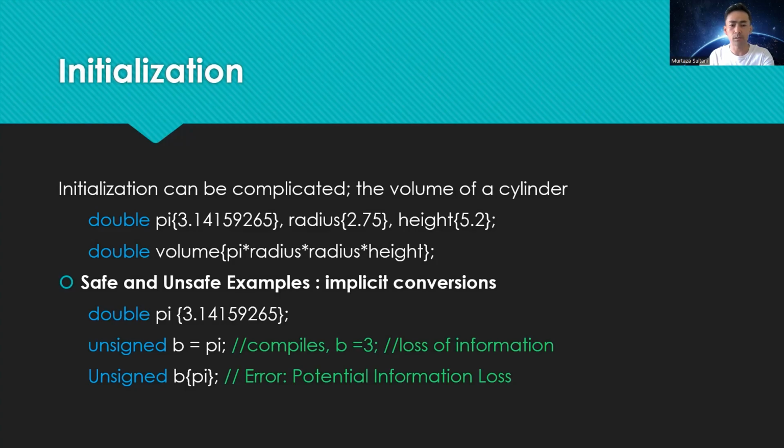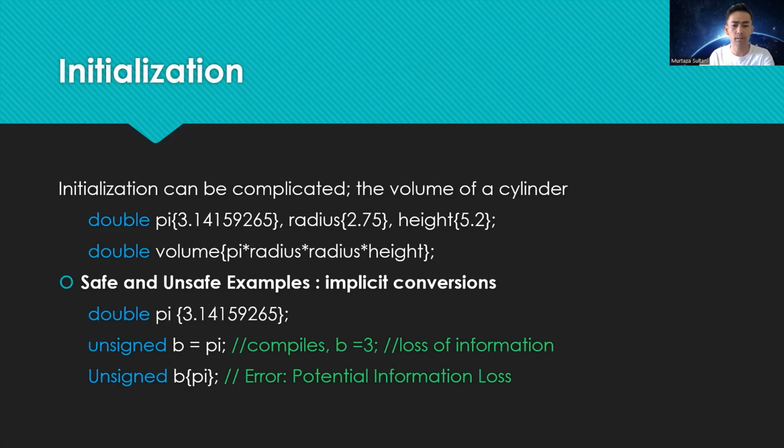Then we are able to initialize the volume of the cylinder with pi times the square of the radius times height. So this is a more complicated way of initializing the volume of a cylinder.